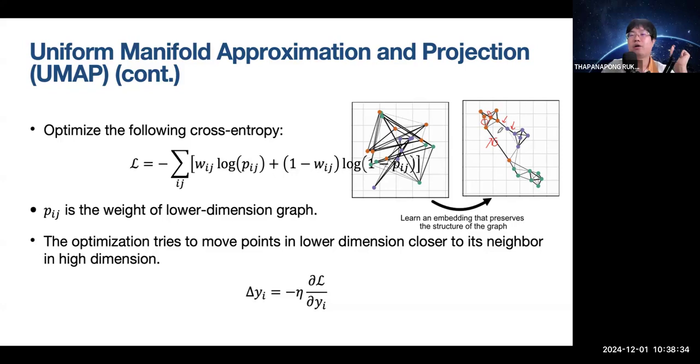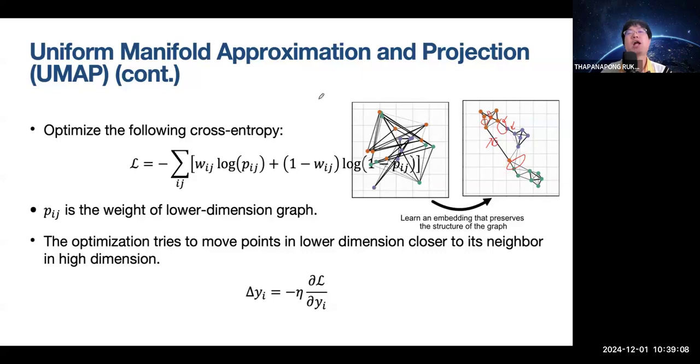Because you choose k neighborhood, some points in different clusters have longer weight, and you want to preserve the global as well as the local. The local would be the points that are close to each other, and the global would be the points that are far apart.